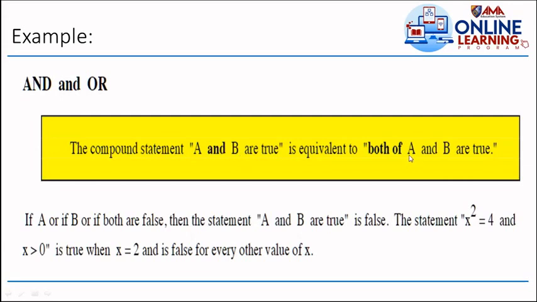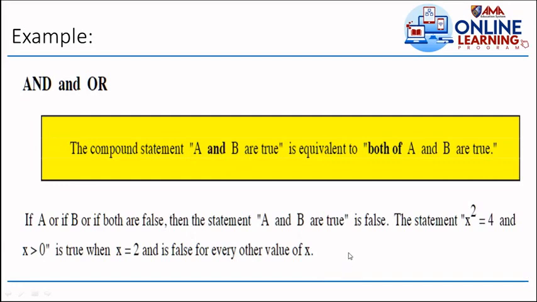Both should be true. If A or B or both are false, then the statement "A and B are true" is false. The statement x squared is equal to 4 and x is greater than 0 is true when x is equal to 2 and is false for every other value of x.